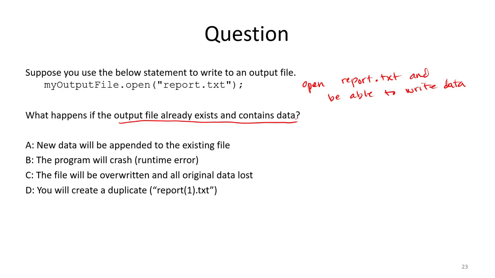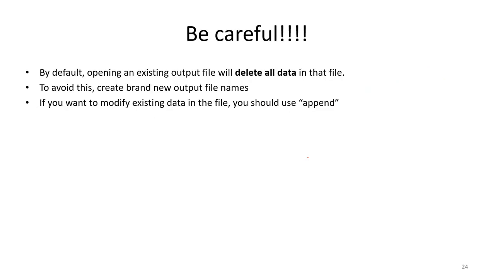You might remember, in this case, choice C is the correct answer. If we open a data file that already exists using the output file stream object, the file will be overwritten and any original data will be lost. So once again, opening an existing output file will delete all the data in that file.